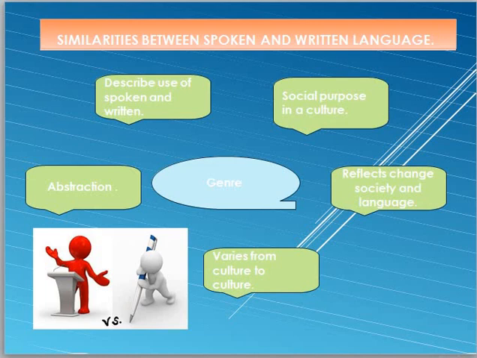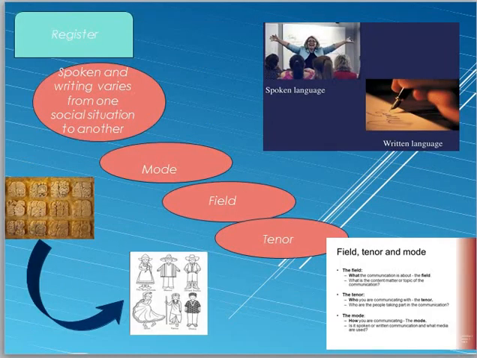Well, register is basically professional language, and mode is the medium, which channel we are going to speak through. Field relates to the subject matter, and tenor means who is speaking. All this content basically relates to spoken and written language.